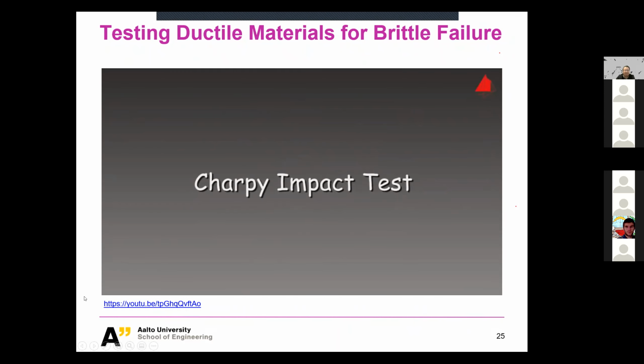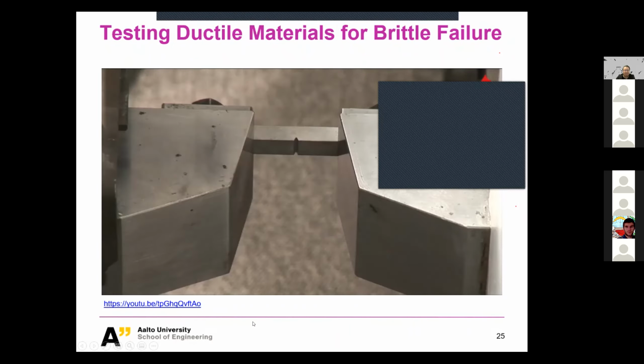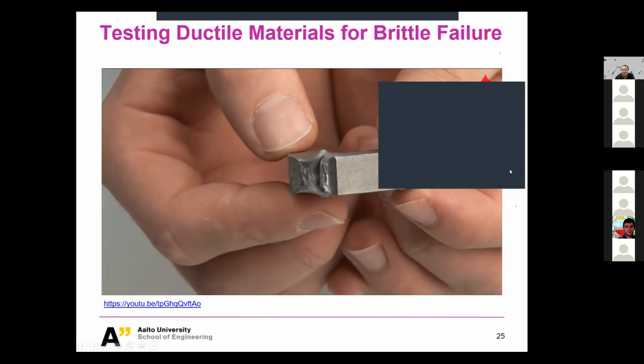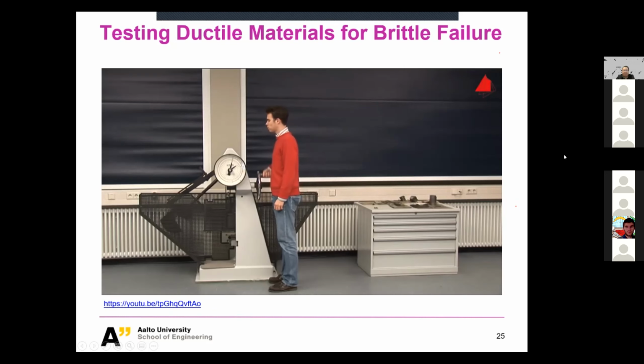Impact test. The standardized Charpy impact test has been designed to measure the toughness of materials under impact loading and multi-axial stress state. A pendulum impact testing machine is used to do so. The pendulum on the machine has a heavy weight at the end. This is lifted into the starting position in step 1.